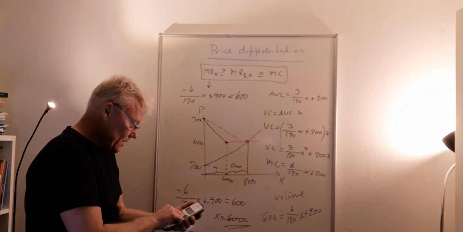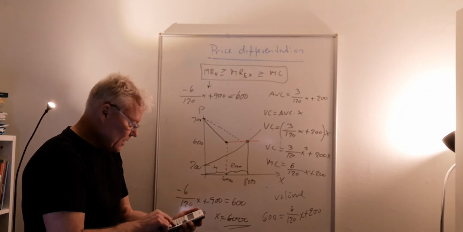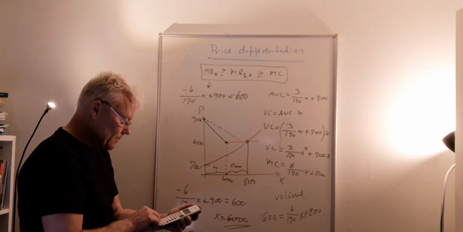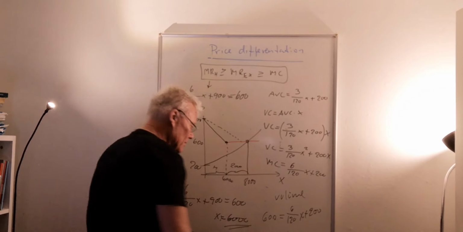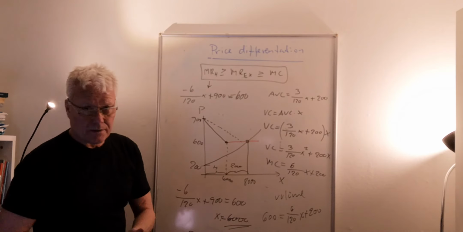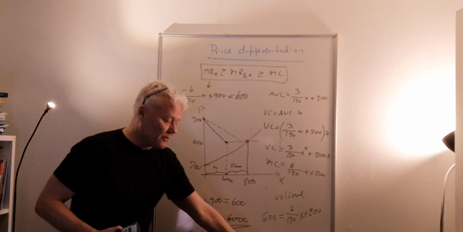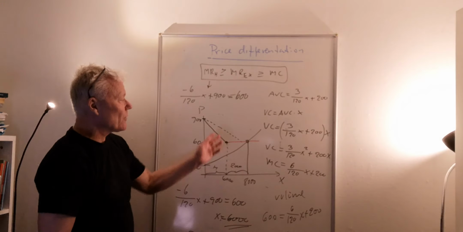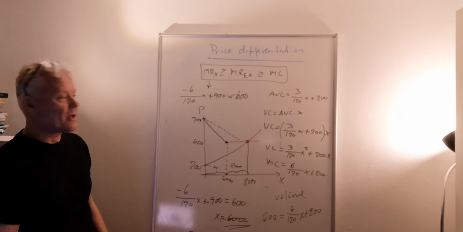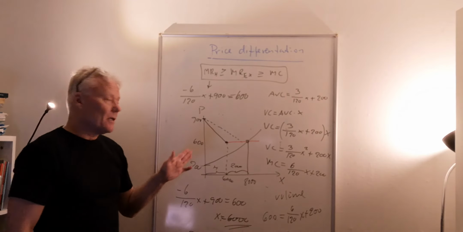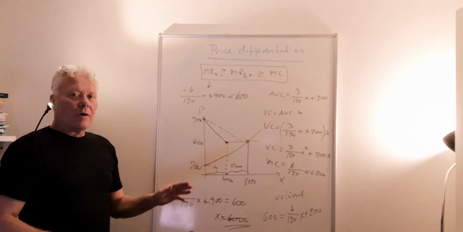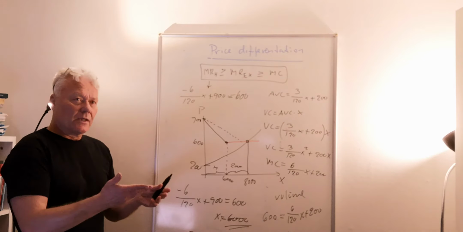So we have 3 times 6,000 divided by 120. So I have to deduct 150. So the home price in this case would be 750. And the export price will be 600. And we can find that revenue then. But the peculiar thing about this is that you're selling at a price of 750 at the home market, and you're selling at the export market at a price of 600.